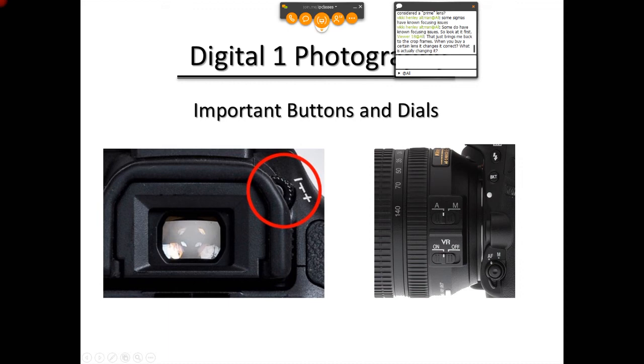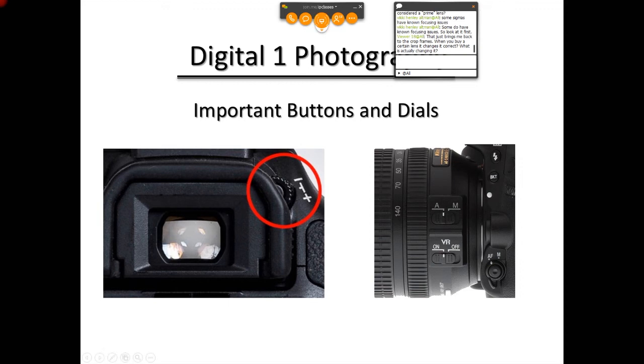Now, the deal with that is most of the newer lenses and cameras that come out, part of the reason that they're a little bit more compact and a little bit lighter is because the focus motor is built into the lens. Now, if you have an auto manual switch on the body of your camera, that means there's a motor built into the camera as well.